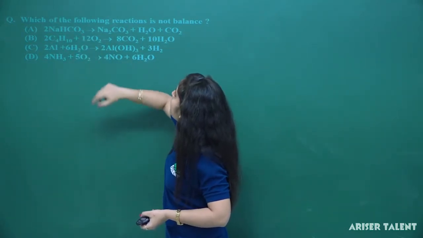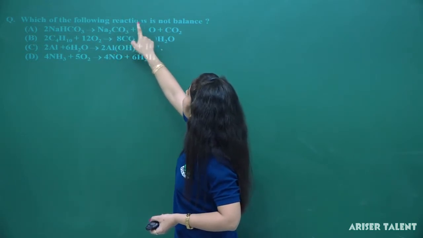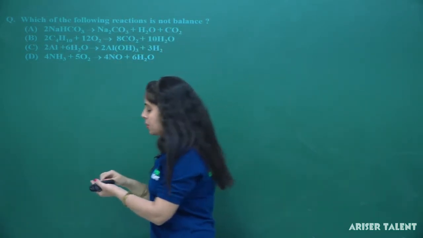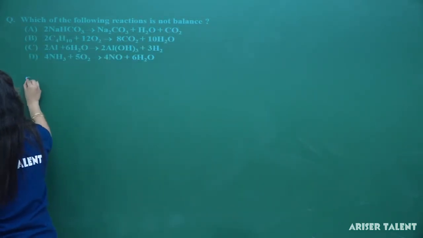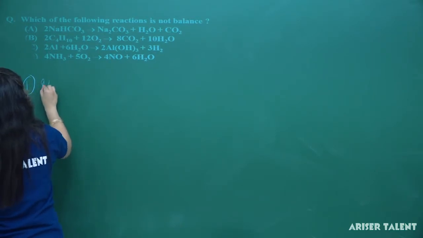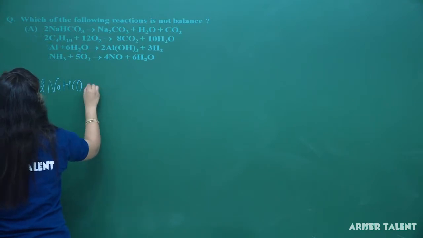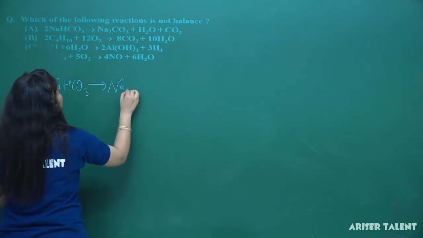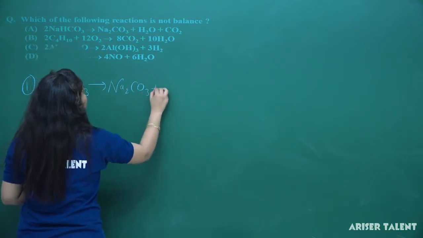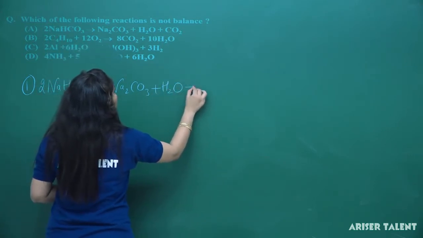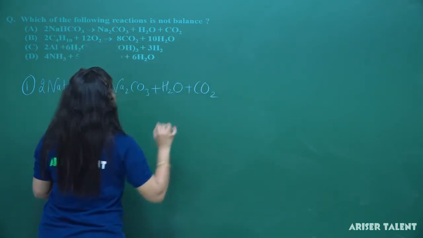Sodium hydrogen carbonate gives Na2CO3, H2O and CO2. 2NaHCO3 gives Na2CO3 plus H2O plus CO2.